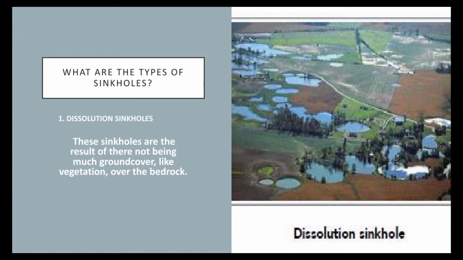So, gaya nga ng napanood natin, kapag walang proper vegetation yung isang soil or layer ng earth, kapag umuulan, mag-dissolve and over time, pwede siyang magkaroon ng sinkhole. So, gaya lang ng nakikita niyo sa mga pictures na nandito.